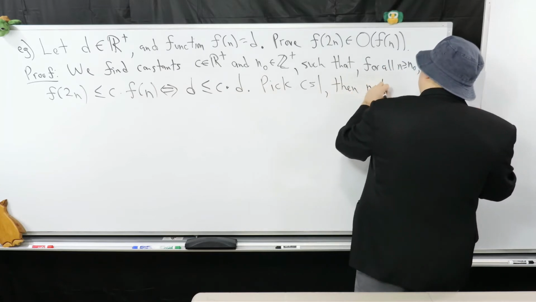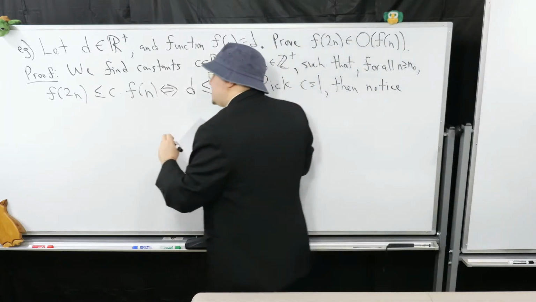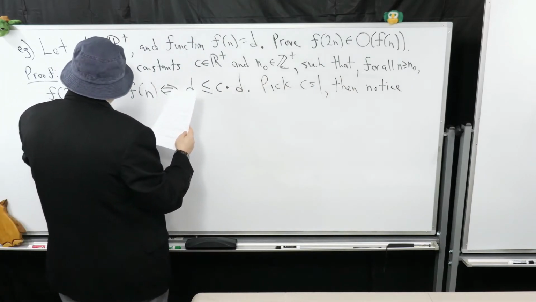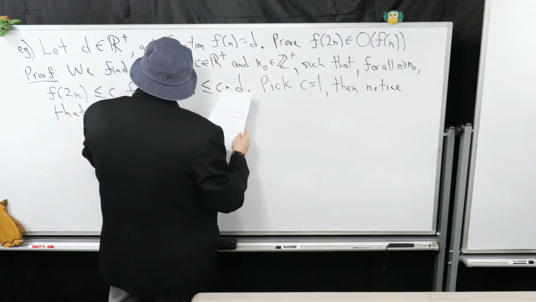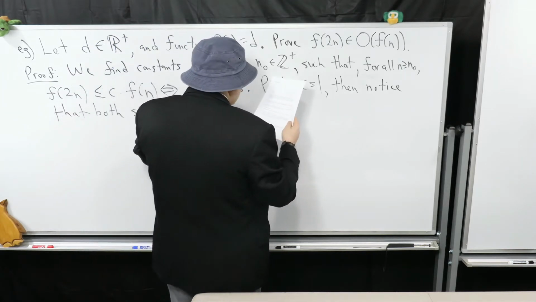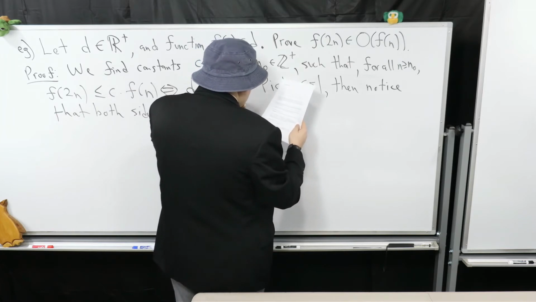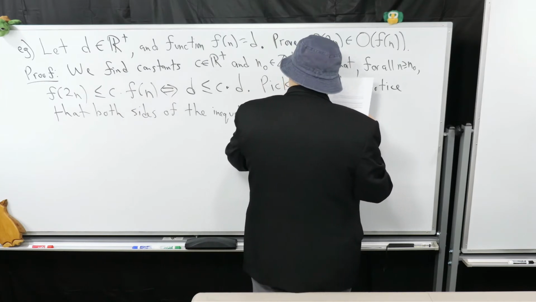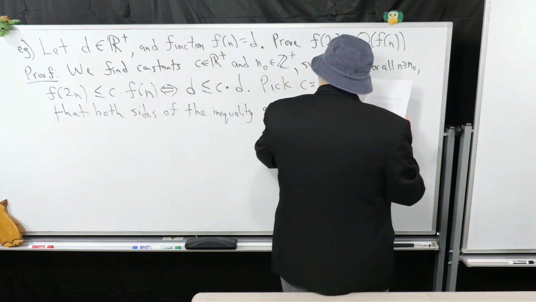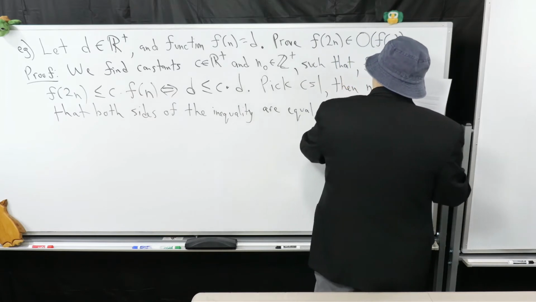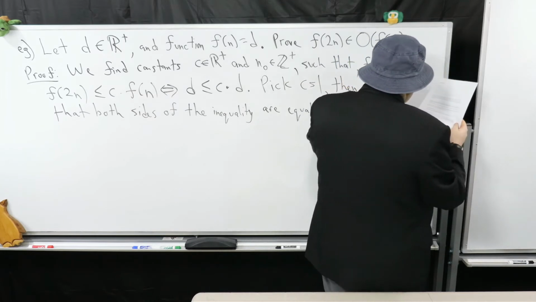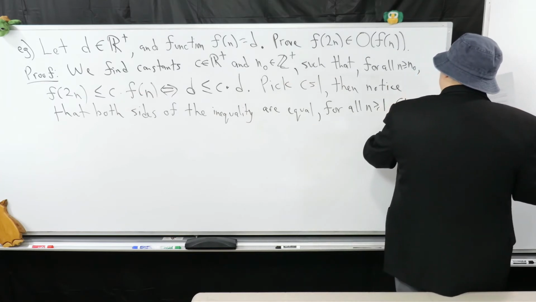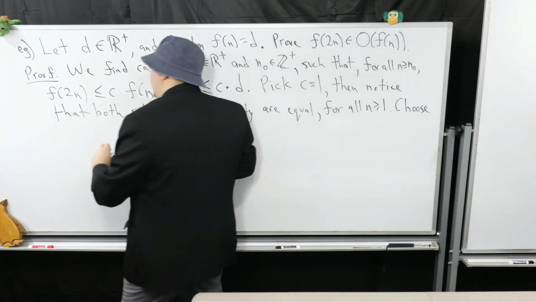Then notice that both sides of the inequality are equal for all n greater or equal to 1. So what should I pick for n0 then? Well, it doesn't really matter. I just pick one. So I'm going to just choose n0 equal to 1.